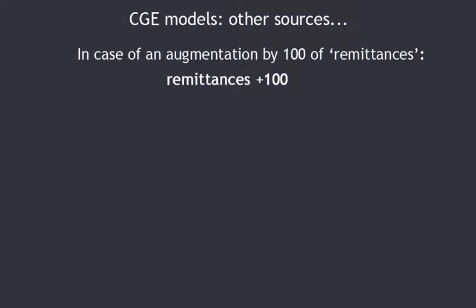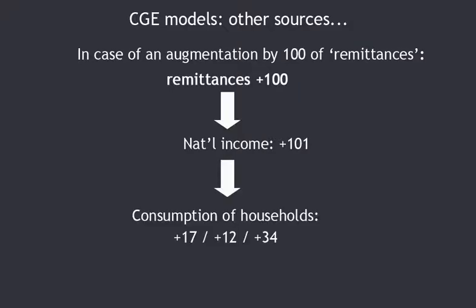First, consider an increase by 100 in remittances from workers who have emigrated abroad to local households. Household income ultimately increases, that is to say after all the adjustments, by 101. This makes it possible to finance an increase in consumption for households in each sector, plus 17 in agriculture, plus 12 in industry, and plus 34 in services.